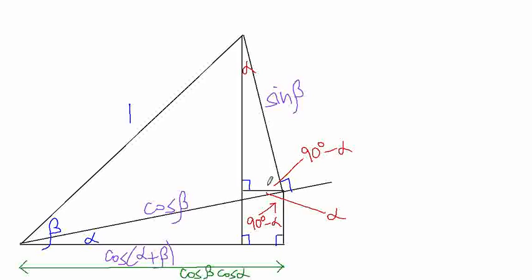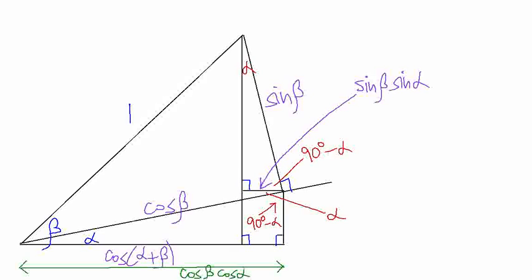So the side opposite to the angle alpha, the one down here, has a length equal to the length of the hypotenuse times the sine of alpha. All right, we finally have enough information that we can derive the identity that was our original goal.